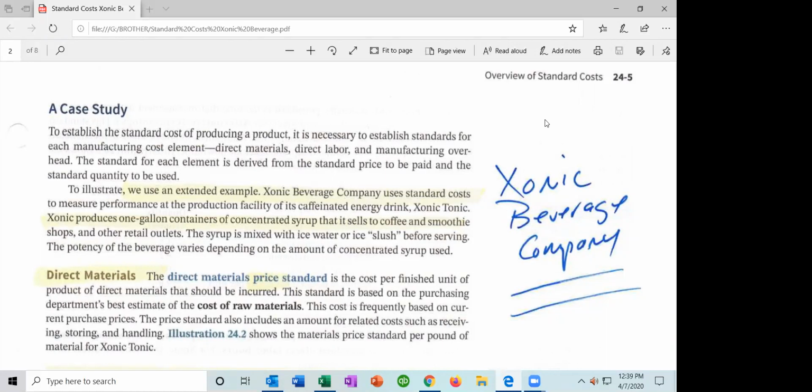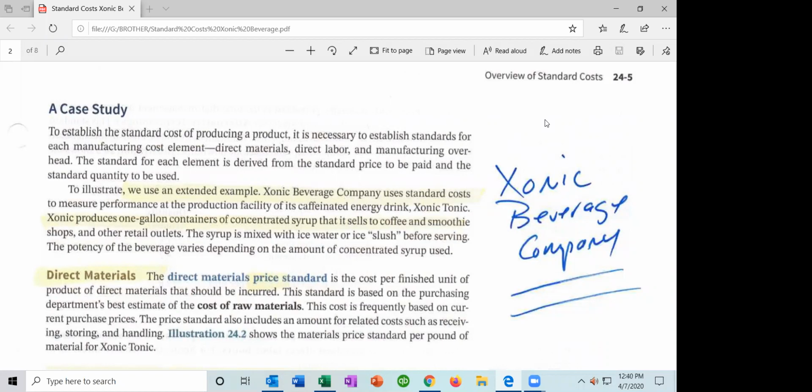To illustrate, we use an extended example. Xonic Beverage Company uses standard cost to measure performance at the production facility of its caffeinated energy drink. Xonic produces 1-gallon containers of concentrated syrup that it sells to coffee and smoothie shops and other retail outlets. 1-gallon containers.